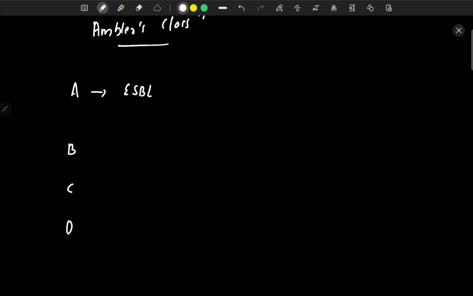This group will produce penicillinase, cephalosporinase, and monobactamase.